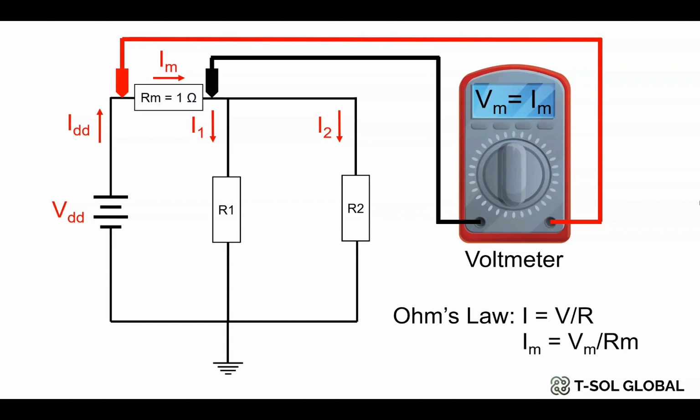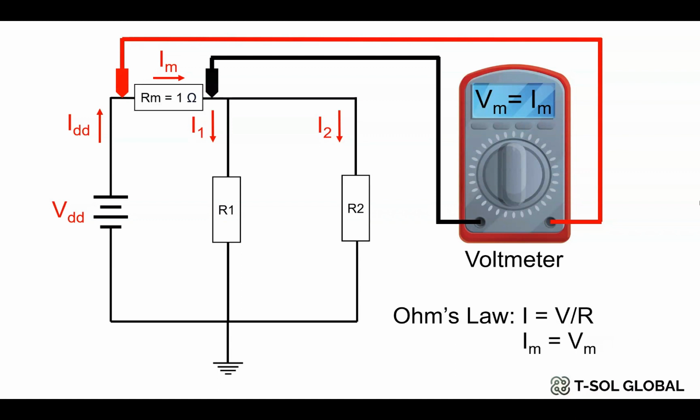Now here we have Rm equal to 1 ohm. If we put that value, then we can write Im is equal to Vm by 1 ohm, or Im is equal to Vm.